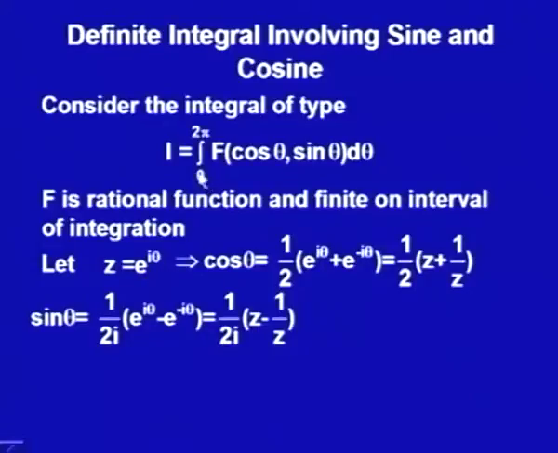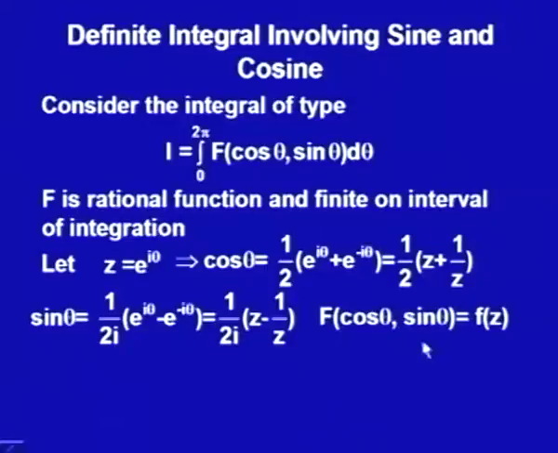Now, what is z equals e to the power i theta? For theta ranging from 0 to 2 pi, z equals e to the power i theta is nothing but the parametric equation of the unit circle. If I substitute cosine theta and sine theta as functions of z and 1 by z, we get a function of z only.